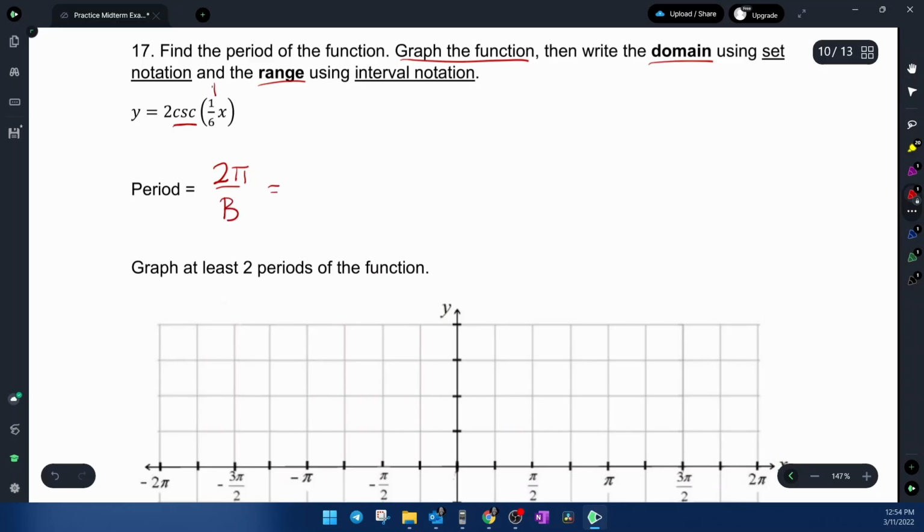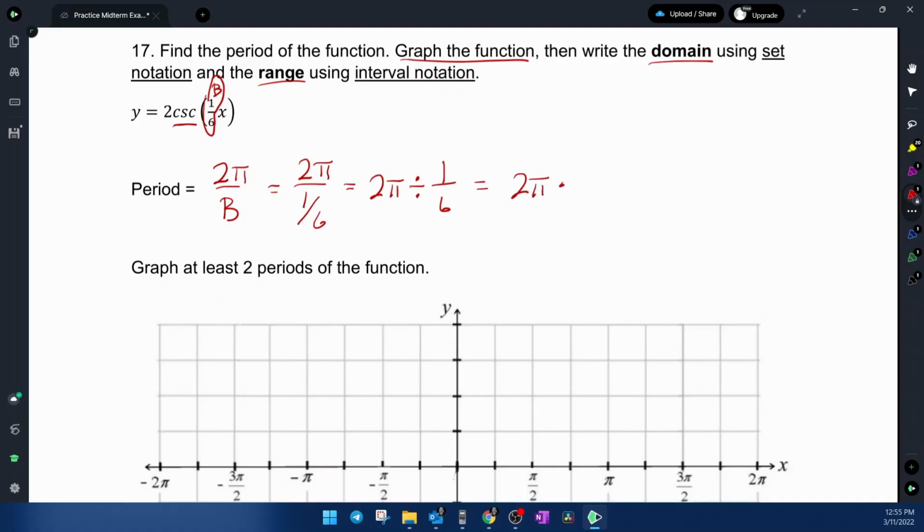We know that b is the coefficient of x, so that would be 2 pi/(1/6). Doing the keep, change, flip would give me 2 pi times 6/1, which is 6. And that's going to give me a wavelength of 12 pi.